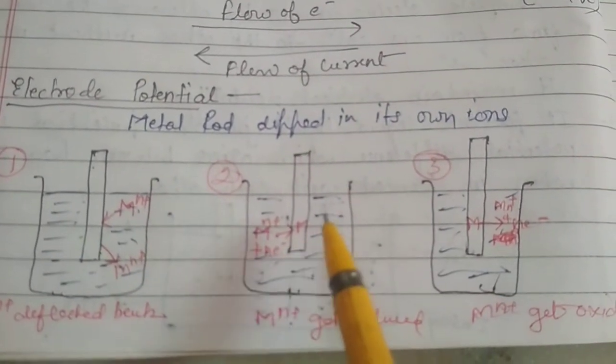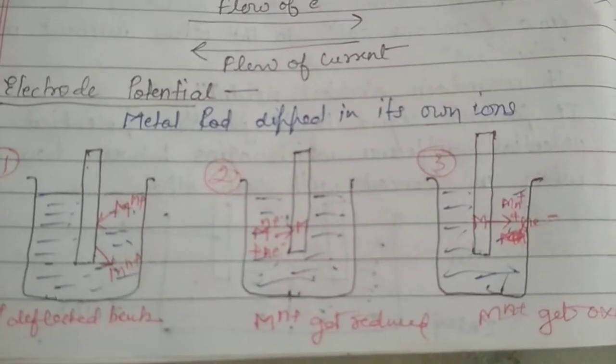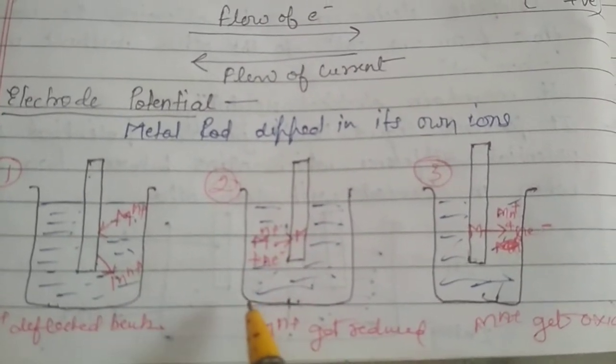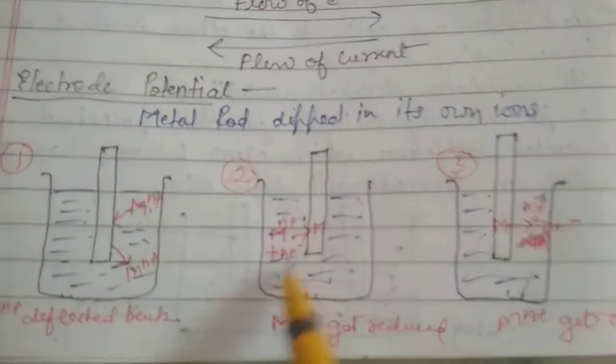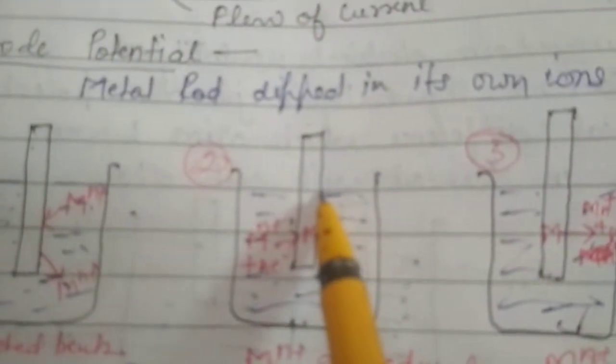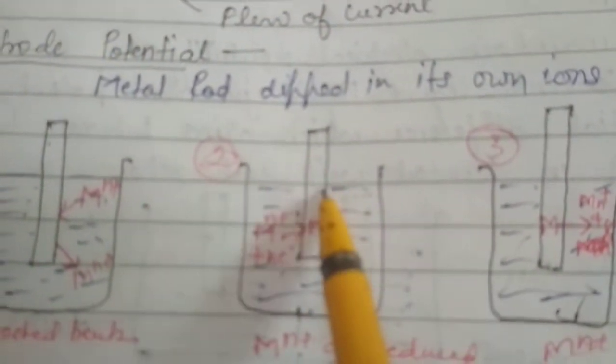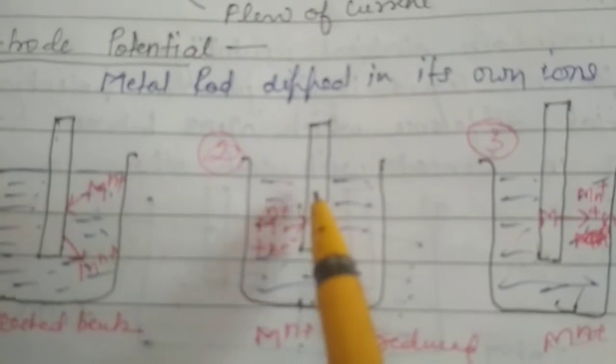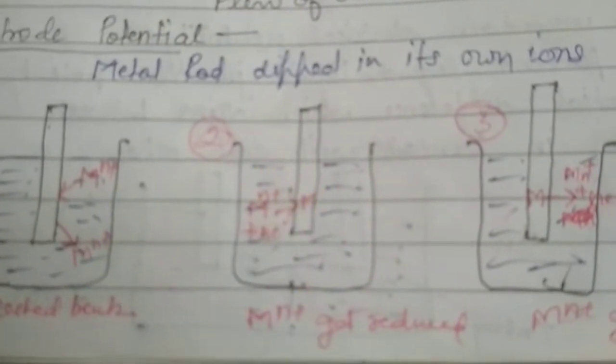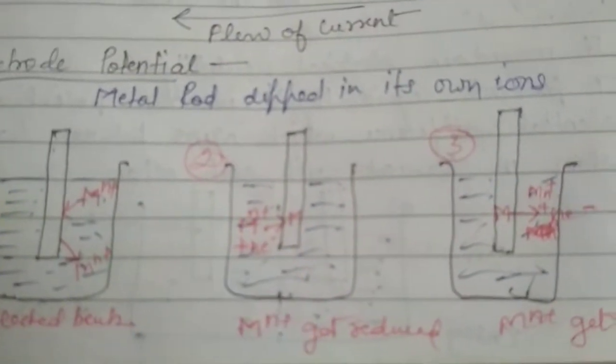The second is that the metal ion from the solution moves towards the metal rod, and after gaining electrons, that is, after electronation, it gets reduced.